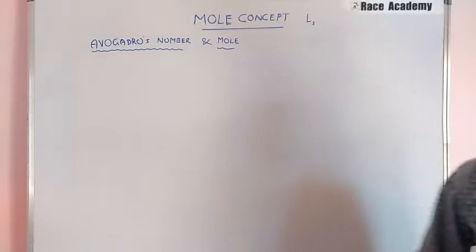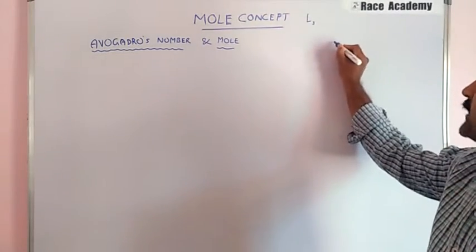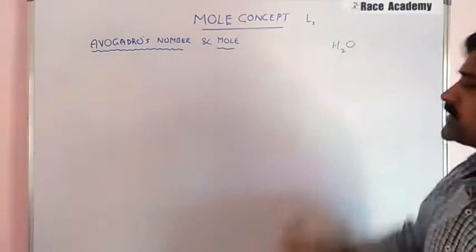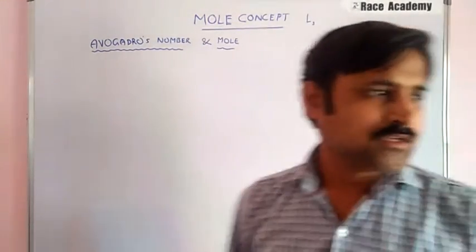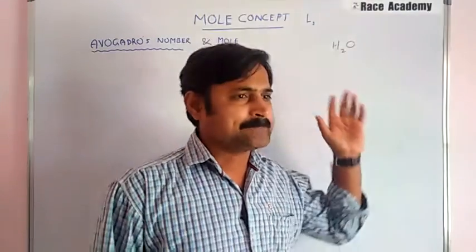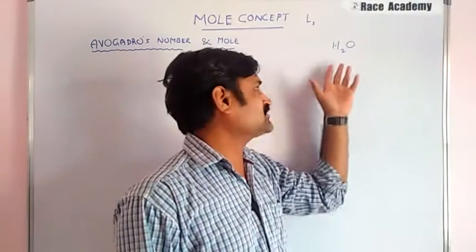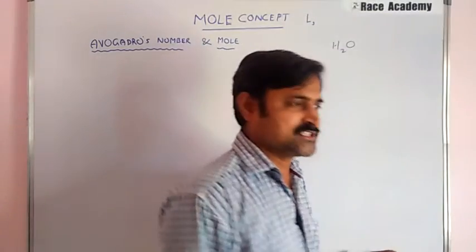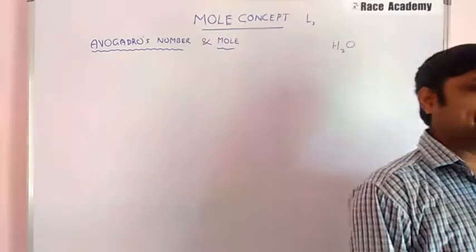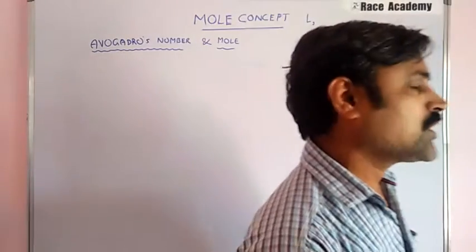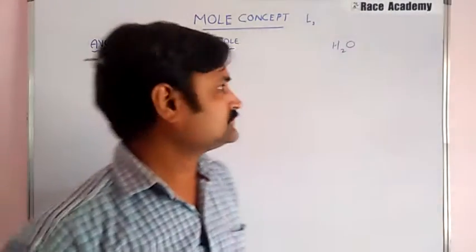Consider the formula for water, H2O. It clearly tells you that two atoms of hydrogen combine with one atom of oxygen to form one molecule of water.